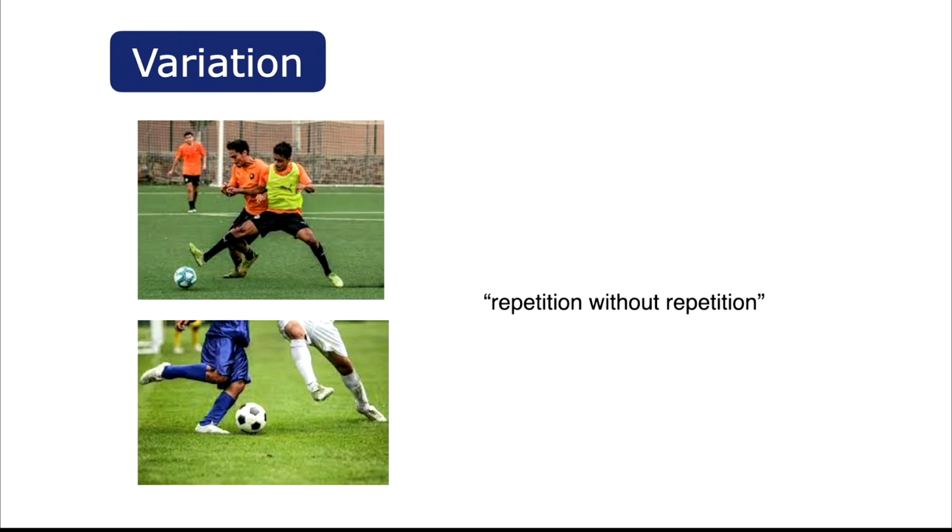What you see in real life is that defending and trying to intercept the ball happens in so many ways. So there's no one way to perfectly perform this change of direction task. So it's repetition without repetition. You're defending again and again, but in different ways each time.